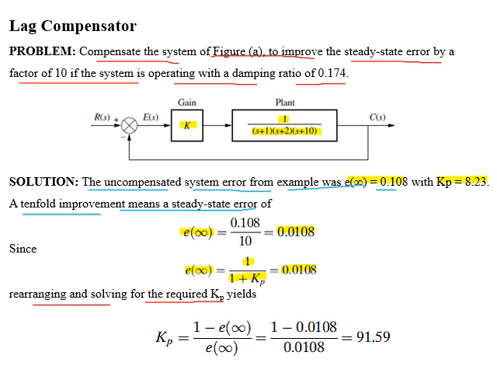Rearranging and solving for the position constant, we found that the value of static error position constant corresponding to steady-state error of 0.0108 equals 91.